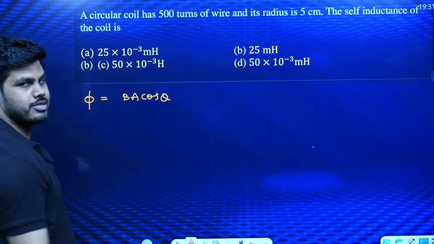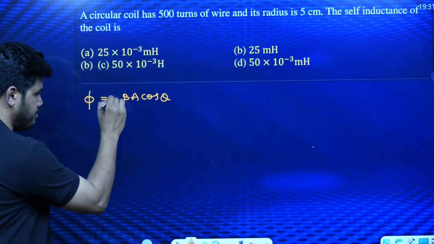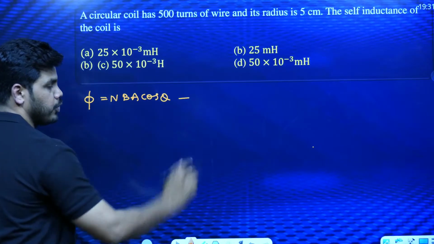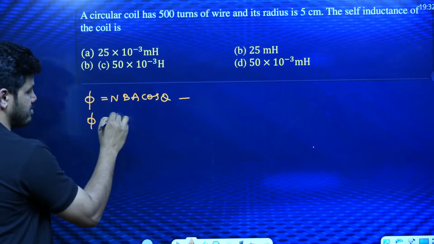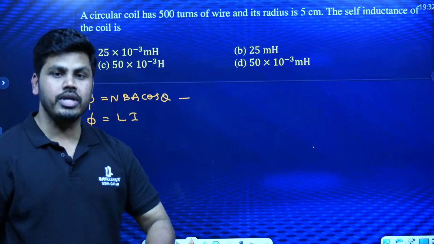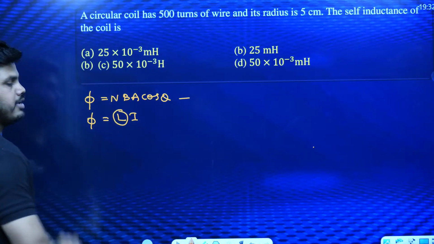We will find out flux using this equation. If you have N number of turns, that also should be counted. It should be NBA cos theta. Correct? Then that is one way of doing it. And in the same way, we can find out flux in terms of self-inductance, which is equal to L into I. So these two equations we equate and simplify. That is how we find the value of L.